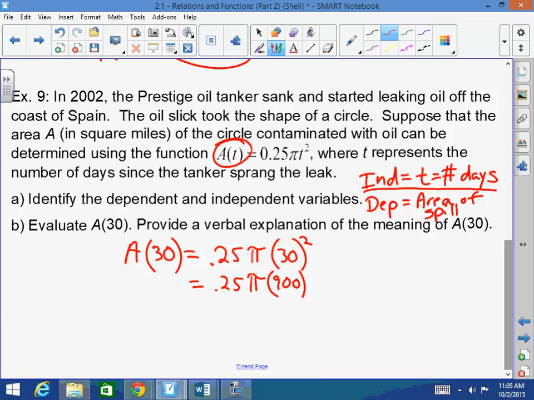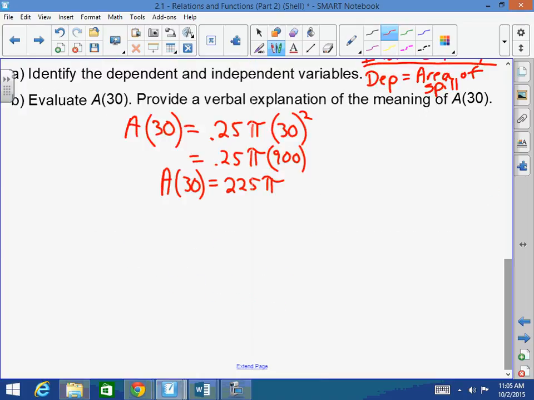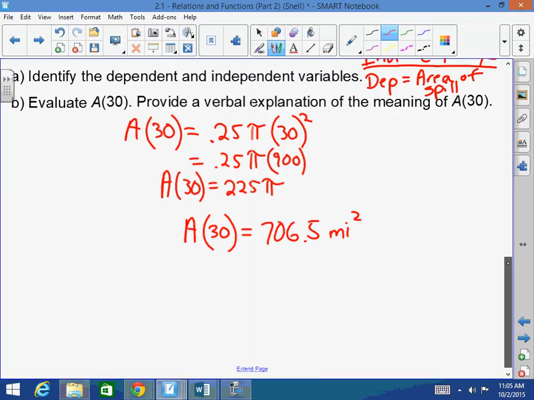And 900 times 0.25 equals 225 pi. Okay? Pi, of course, is 3.14. So 225 times 3.14. The area of the spill after 30 days would be 706.5 square miles.